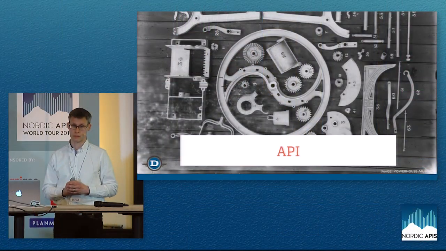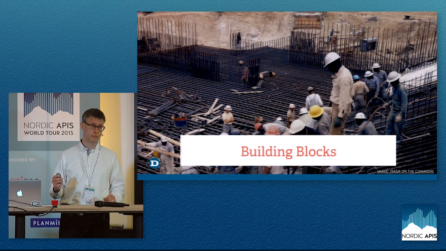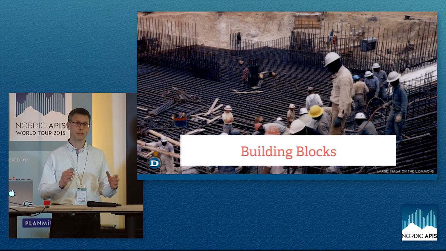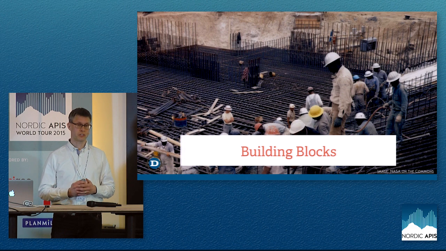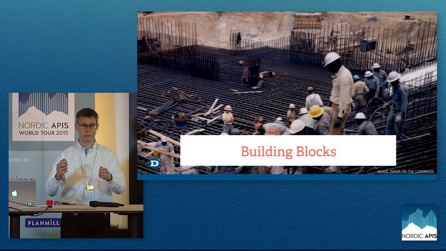But compared to SaaS products, there are a couple of critical differences that you have to keep in mind. The first one is that an API is a building block. Somebody else is trusting you to continue to deliver this service so much that they build it into their own systems. So it's not just, here's a product, start using it, but here's a piece of the big puzzle you're building.